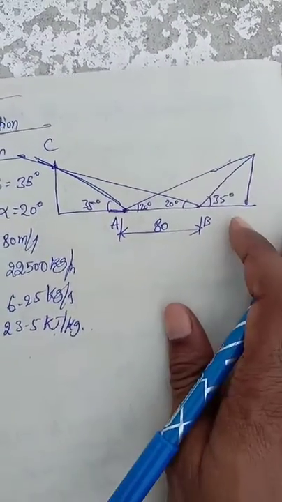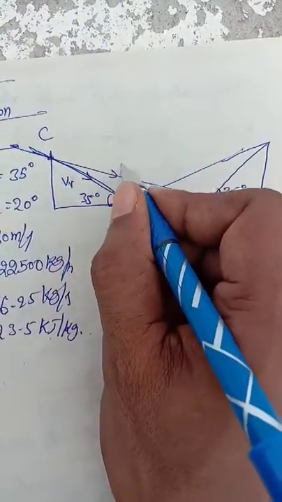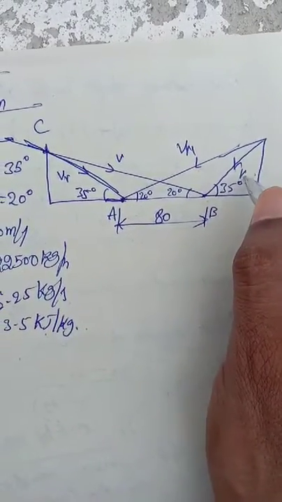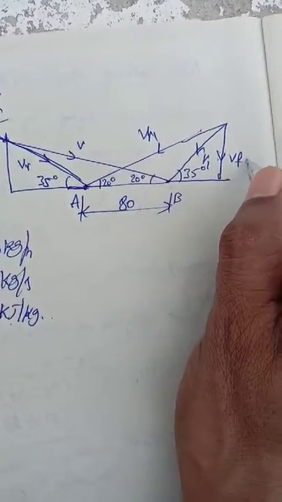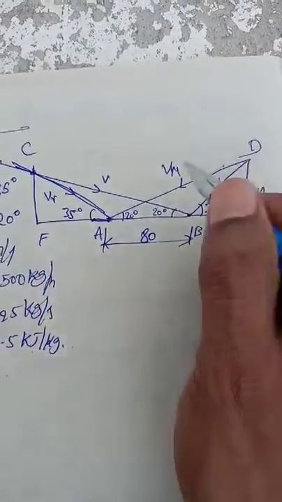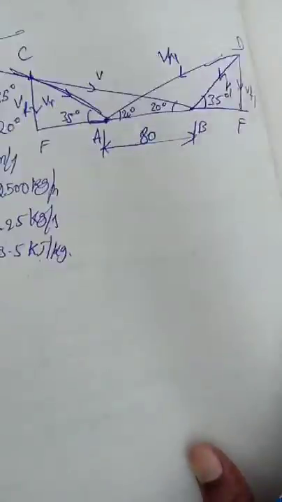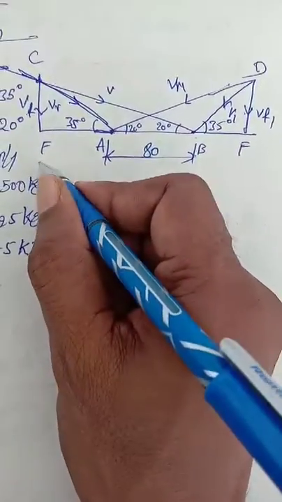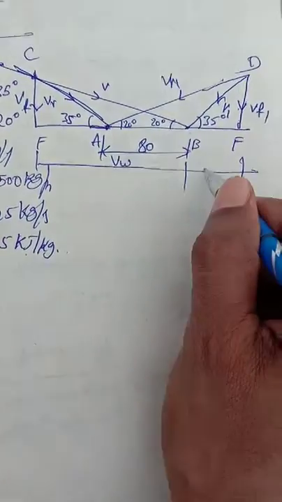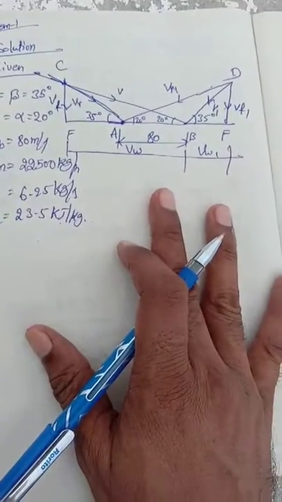Now we know very well this is VR, this is V, and this is VR1, and this is V1, and this is VF1, and here VF. Okay, so this is the velocity diagram we know very well.